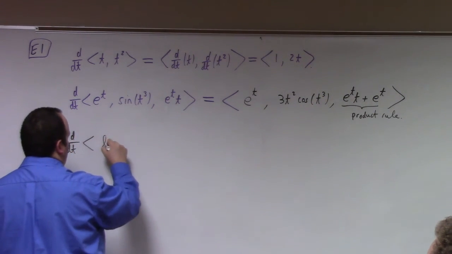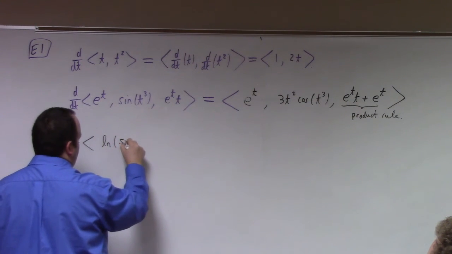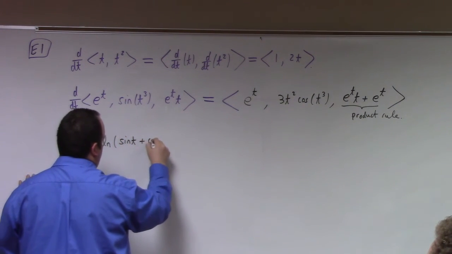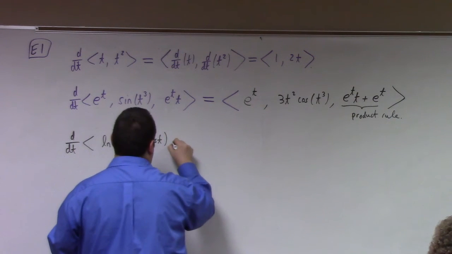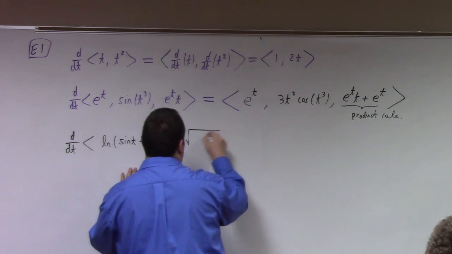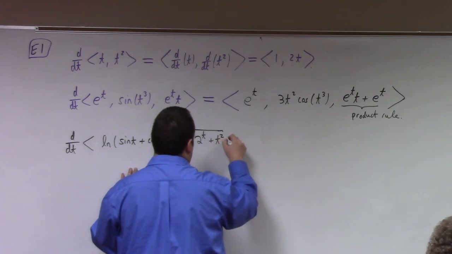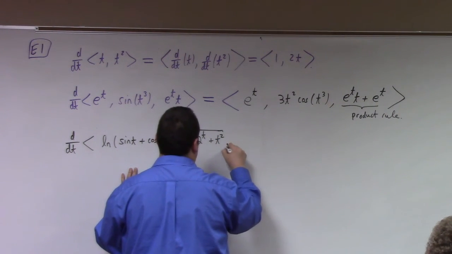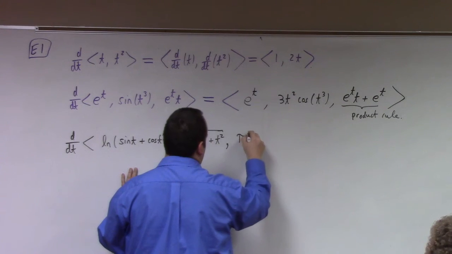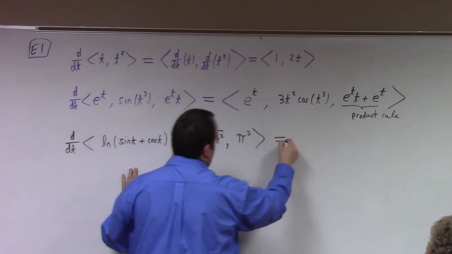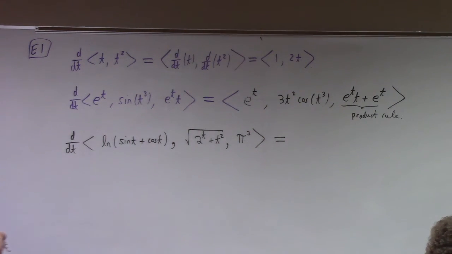d/dt, how about the natural log of sine t plus cosine t, comma, the square root of 2 to the t plus t squared, comma, pi cubed. It's a trap.